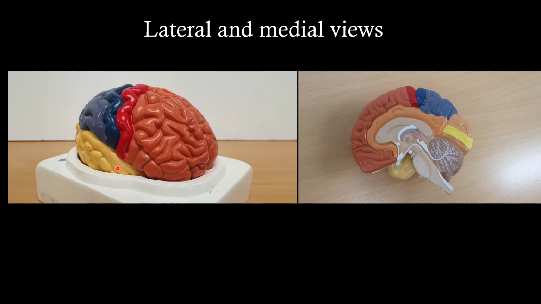So this lobe here is the temporal lobe. The sulcus that divides the parietal lobe from the occipital lobe here is known as the parieto-occipital sulcus. The parieto-occipital sulcus runs across like this between the parietal and the occipital lobe.